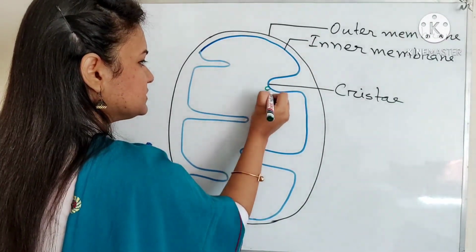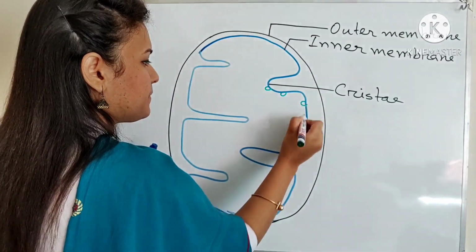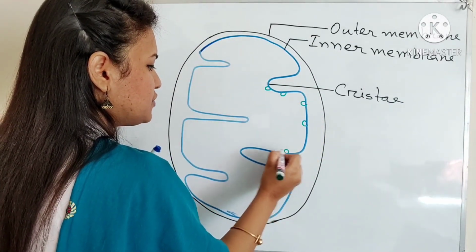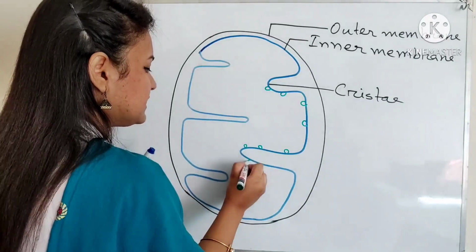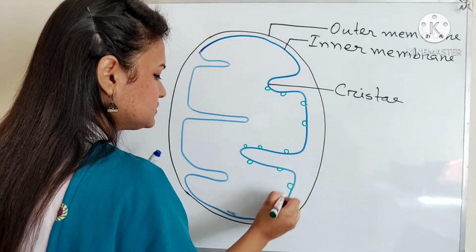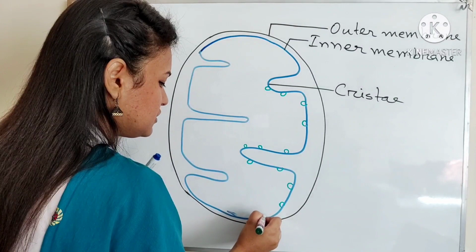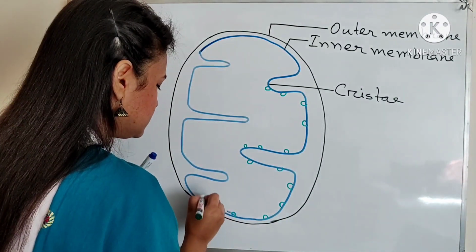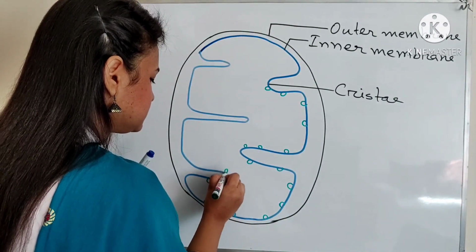In these cristae some small rounded structures are also present.